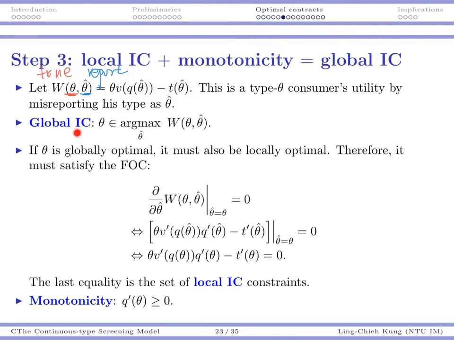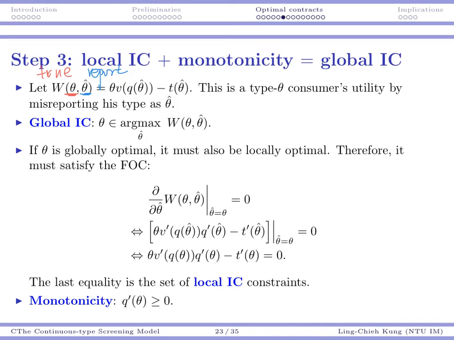With this notation, global IC would just be that theta should be the best to maximize the utility in that way. If theta is globally optimal, of course it must also be locally optimal. And what does that mean? That means your optimal solution theta must satisfy the first order condition. If it is globally optimal, it must satisfy the first order condition in this sense. So this is the function to maximize. Here theta is actually a constant because my type is theta.